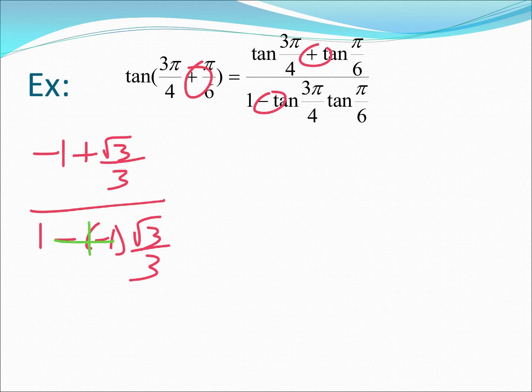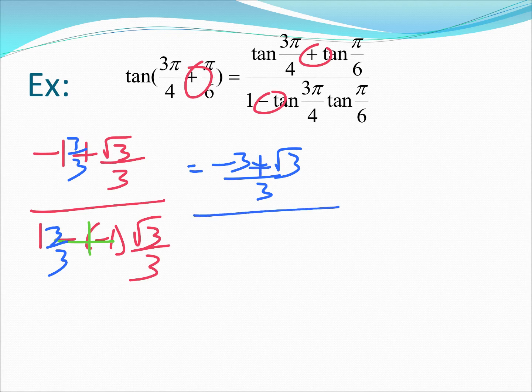My next step is then to get a common denominator, so multiply by 3 over 3 and 3 over 3 to give me negative 3 minus radical 3 over 3, plus 3 plus radical 3 over 3. We don't like to have fractions, so instead of dividing by this fraction, we'll multiply by the reciprocal.